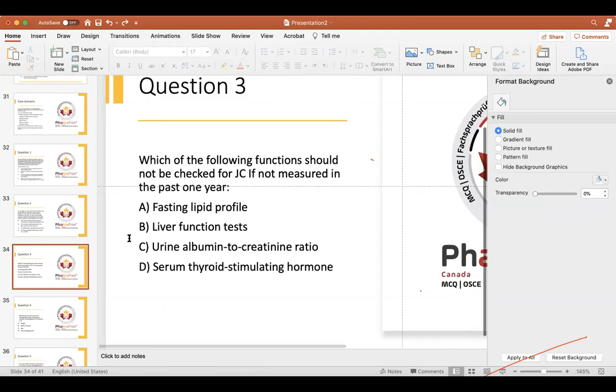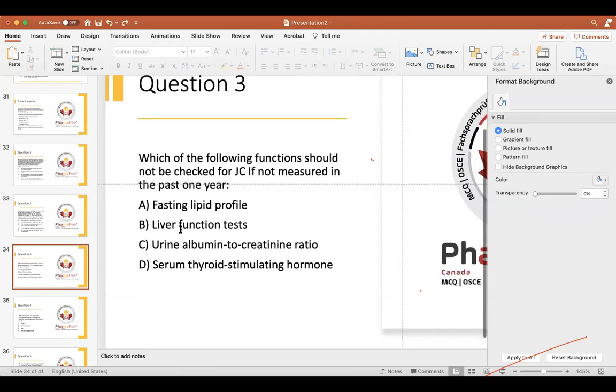Okay. Next question. Which of the following functions should not be checked for JC if not measured in the past 1 year? Which one we don't need to do in this patient?